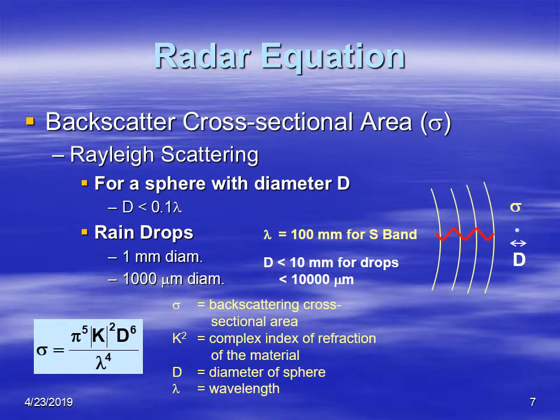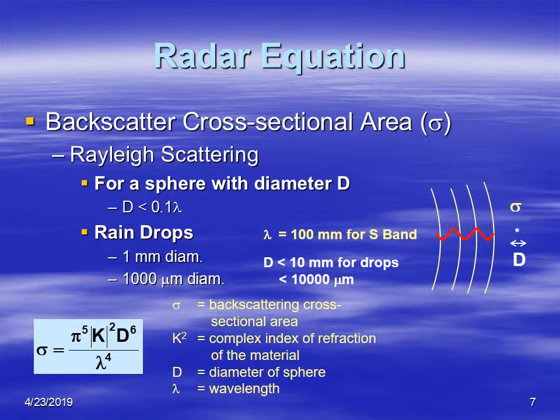Looking at Rayleigh scattering, that means that with the National Weather Service radars, we're typically looking at raindrops. The National Weather Service radars are 10 centimeters, which is 100 millimeters. 1/10 of that would be 10 millimeters, which is about 10,000 microns.